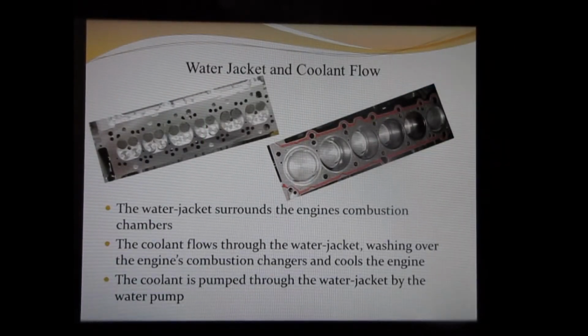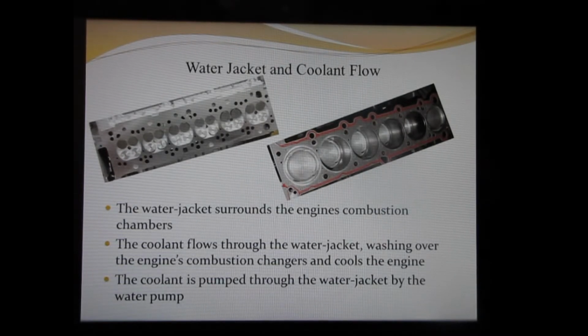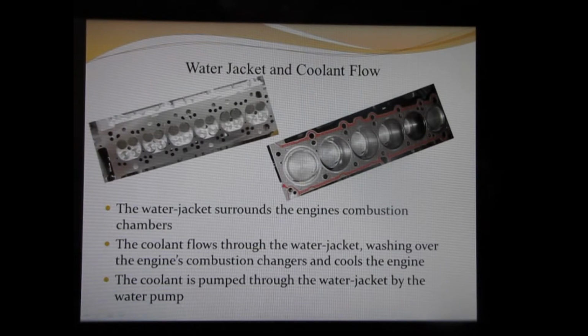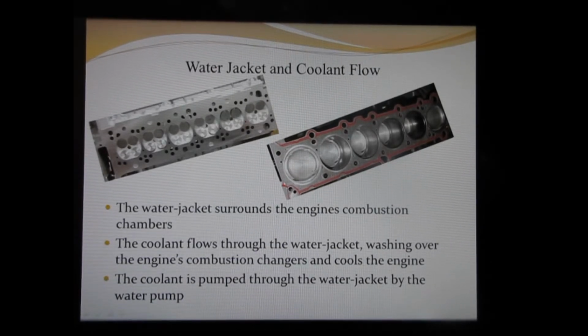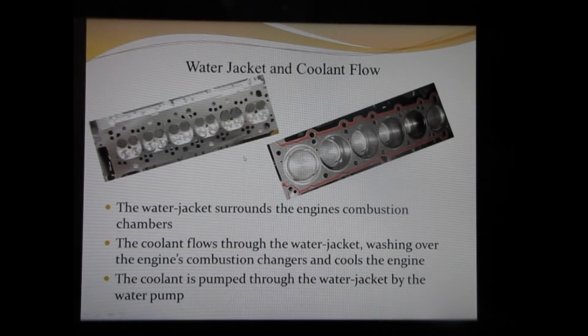Next up is the water jacket and coolant flow. The water jacket is a series of ports and holes that go through the engine block and the cylinder head. You'll notice here all these little ports and these little passageways is how the coolant flows throughout the engine to remove the heat to keep the engine from overheating. The way that this coolant flows through here is basically two ways.